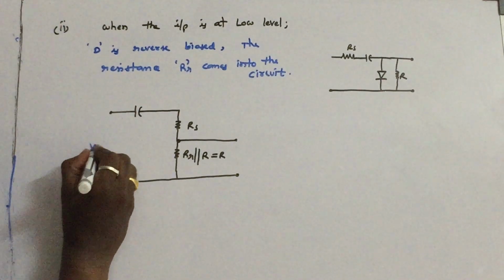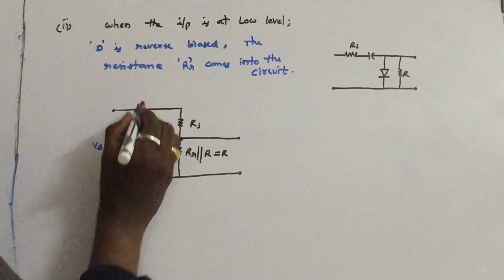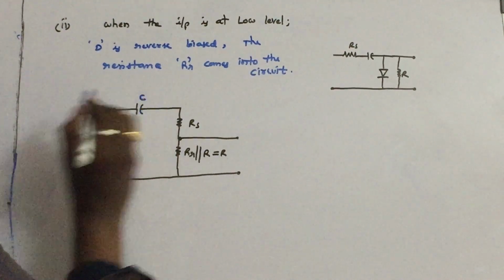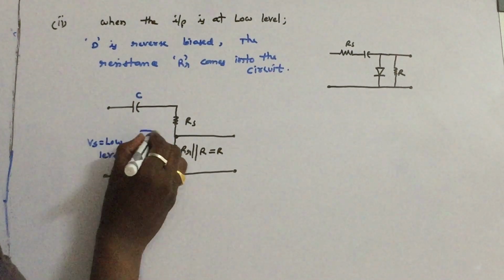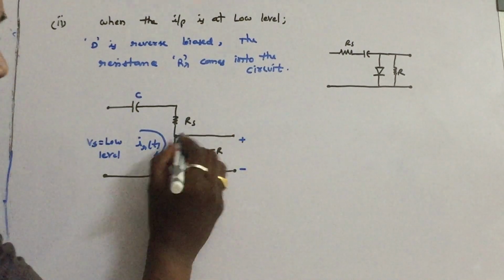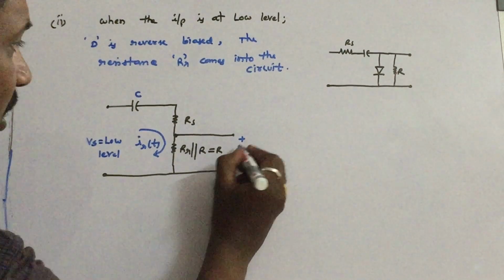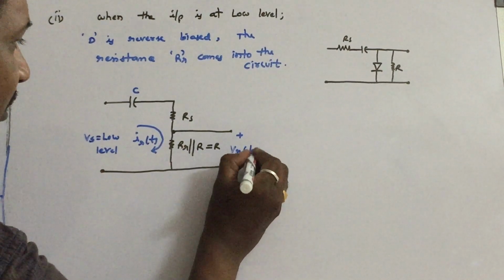The input Vs is at low level. This is the capacitor C. Let us assume the current through this loop during this period is Ir of t. The output we take across R, or across the diode, given as Vr of t.